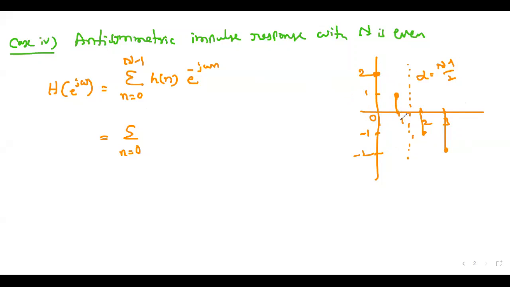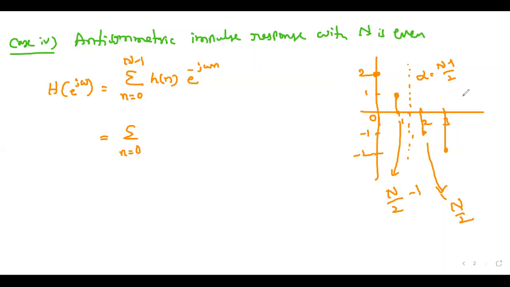In these 2 parts, if N is equal to 4, the last sample of the first part is N by 2 minus 1, that is 4 by 2 minus 1, which gives 1. And the first sample of the second part is N by 2, 4 by 2, which is 2. You can take any N value, may be 4, 6, 8.